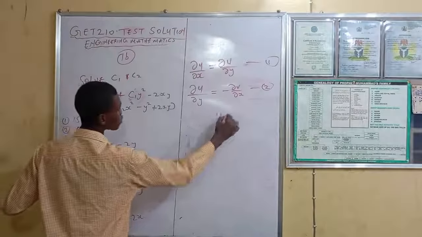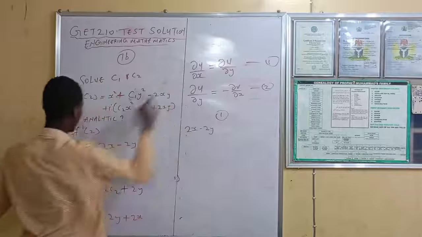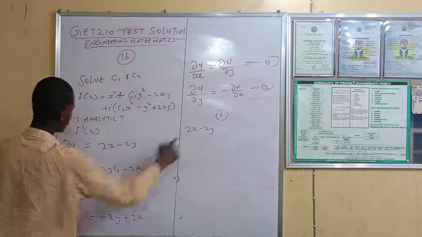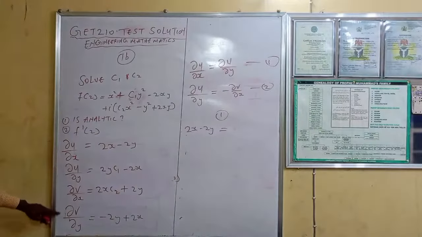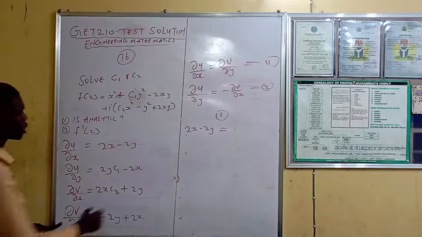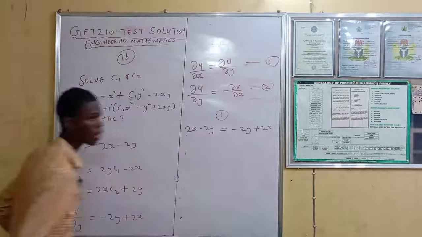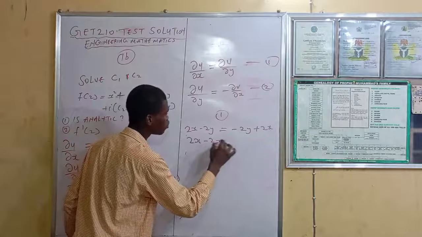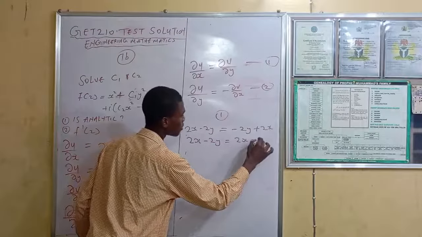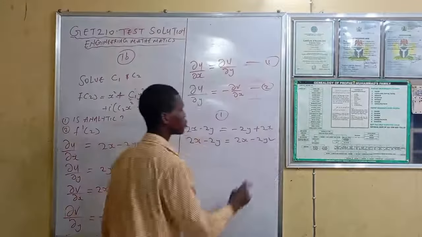For the first condition, 2x minus 2y, that is the partial derivative of u with respect to x. Equating it to what? The partial derivative of v with respect to y. What do we have here? Minus 2y plus 2x, right? Which is still the same thing as writing 2x minus 2y is equals to 2x minus 2y. Are we there? This is the first condition.